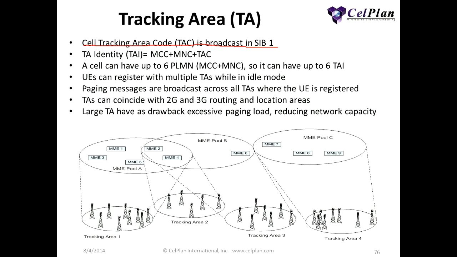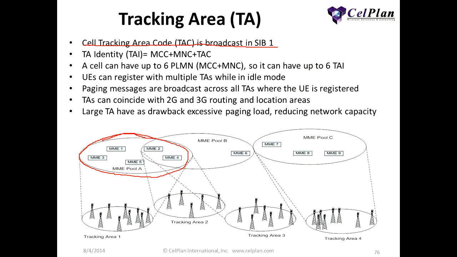Basically what happens is that there is a cell tracking area code, TAC, that is broadcast in the system information block 1. So the eNB broadcasts this information telling that this cell belongs to this tracking area. So what we need to establish here is first that we need to have pools of MMEs.